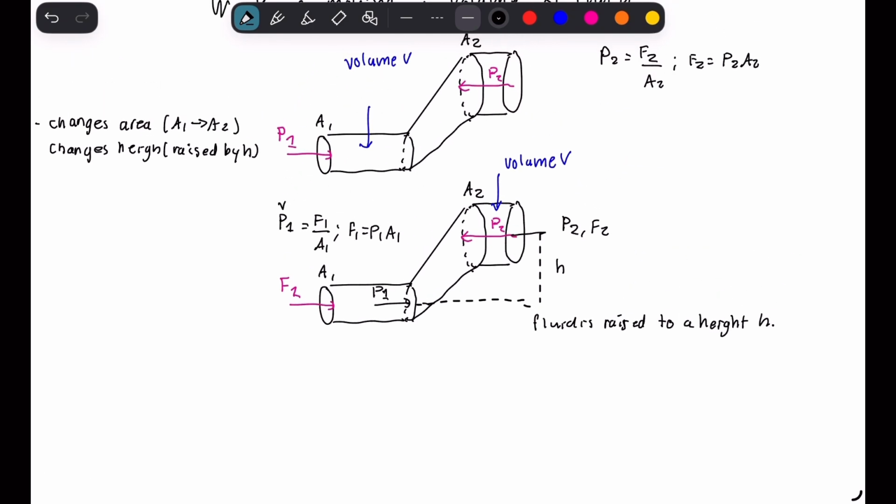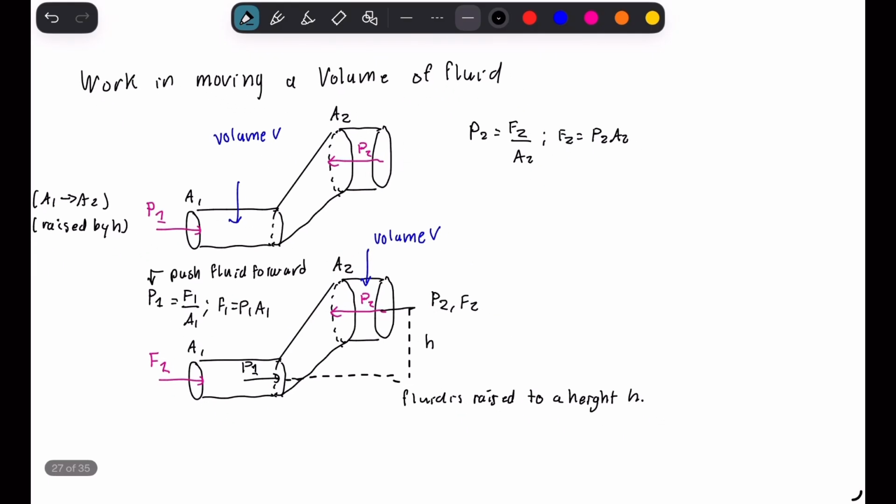So P1 is going to push the fluid forward. And then on the right side, we have P2, and it's going to push the fluid backward. So this is your input, and this we call our output.